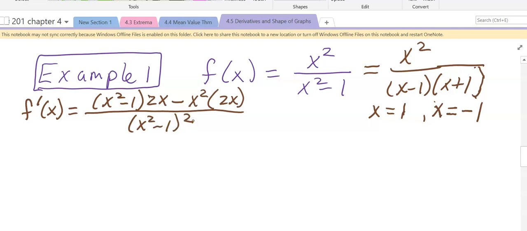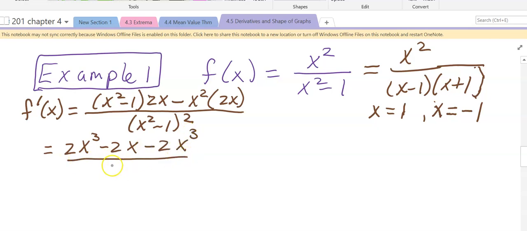We will want to clean up the numerator a little bit, but it is not necessary to multiply out the denominator, and in fact would make our job harder. We want to leave the denominator in its squared form. In the numerator then, I can simplify this, and I will come up with 2x cubed minus 2x minus 2x cubed, all over, again, the denominator squared.